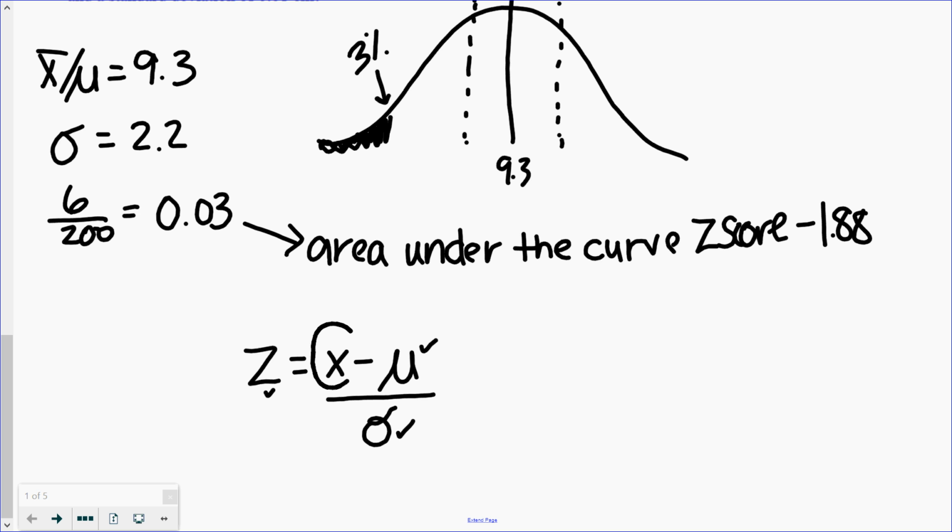What we're actually looking for is the raw data point that gives us 3% of the curve to the left of it. So we need to rearrange that formula to solve for just that raw data point, to solve for x.